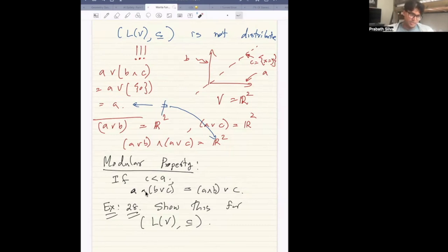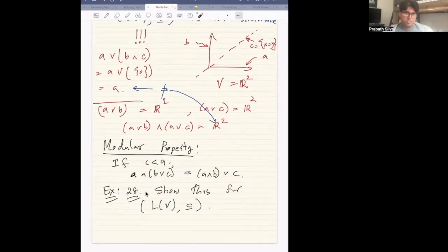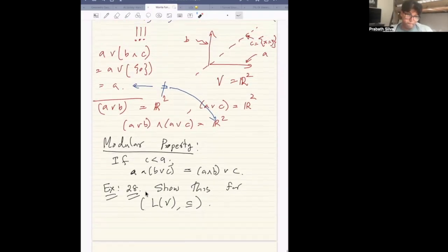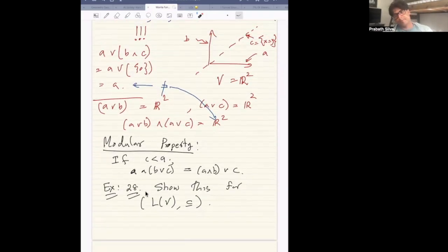This is C less than A. Okay, if the distributive property holds, then this is equal to A intersection B union A intersection C, and A intersection C is equal to C. But this property holds for the subspaces of a vector space, and of course this holds for modules.